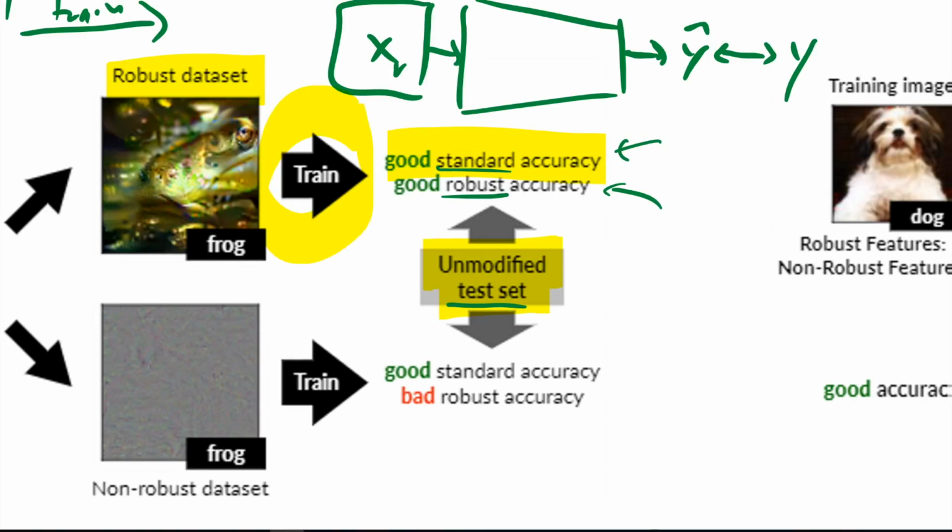But if I only train my classifier on what they call robust features, then all of a sudden I retain good standard accuracy, but I also get good robust accuracy. This gives pretty good support to their hypothesis that adversarial examples abuse the fact that classifiers learn the non-robust features.